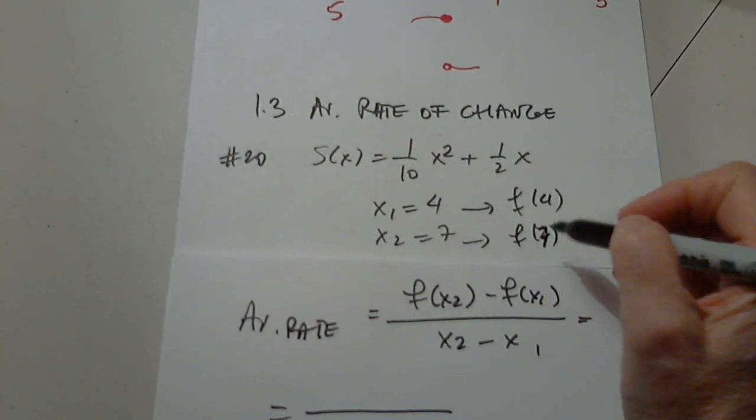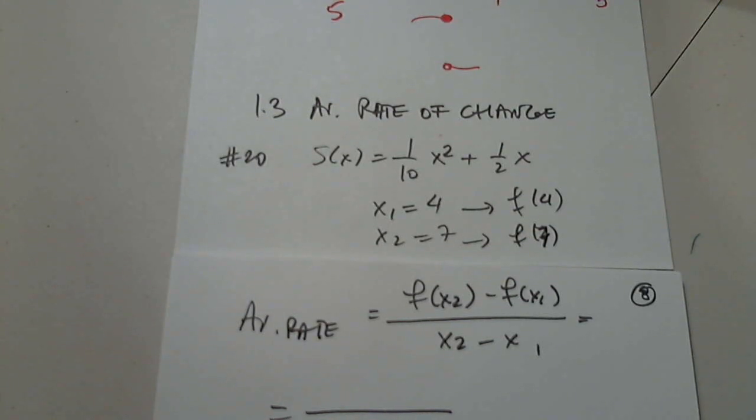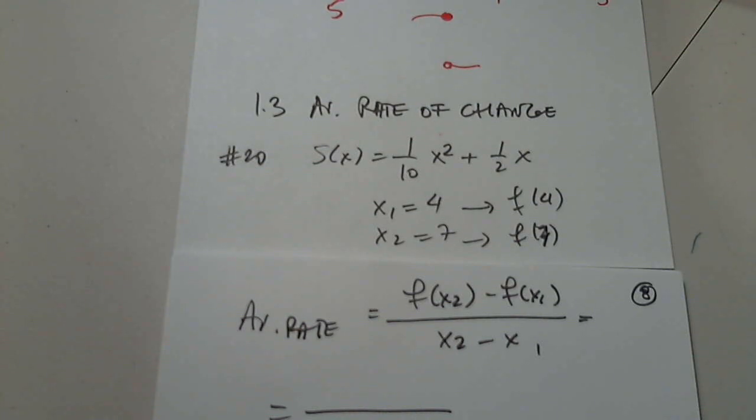With a graphing calculator, let me share my screen. I put the function in here in y equals. We did this before. The function is 0.1 x squared plus 0.5 x. I plug in 4 and then I plug in 7.